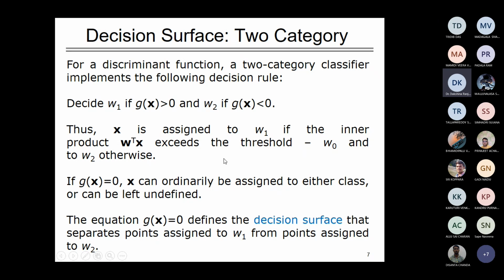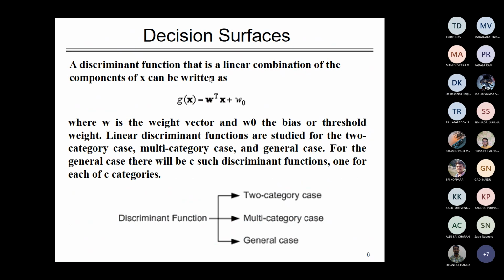How do we get minus w0? If we make g(x) equal to 0, we get w transpose x plus w0 equals 0. If we take w0 to the right-hand side, we get w transpose x equals minus w0.